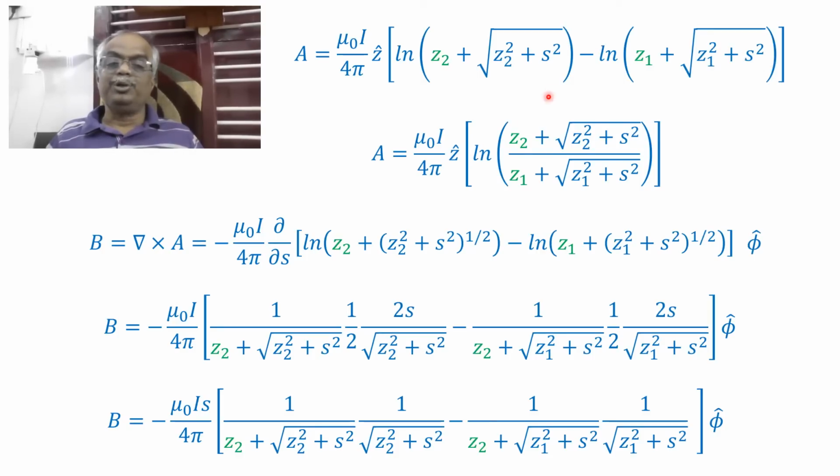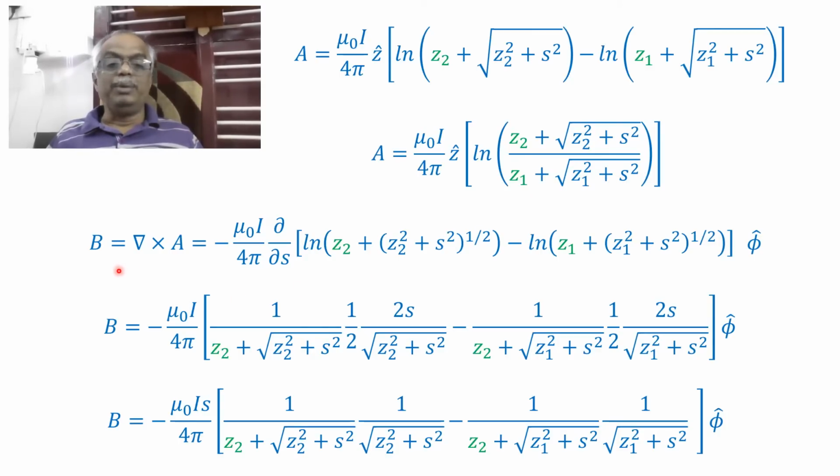If you simplify, the negative natural logarithm becomes the denominator: in the denominator you get z1 plus the square root of z1 squared plus s squared.